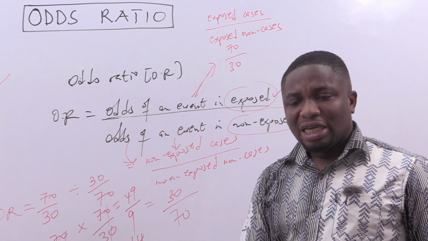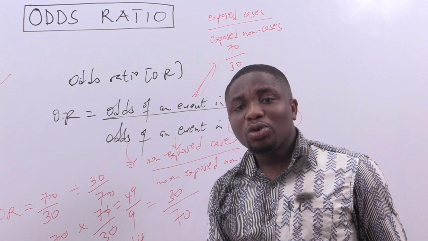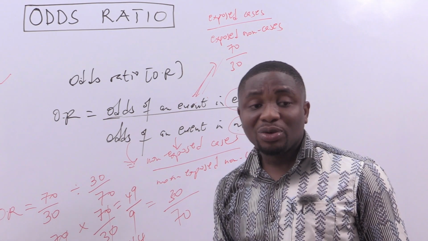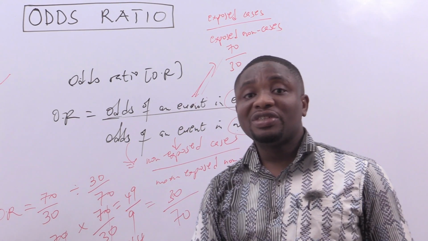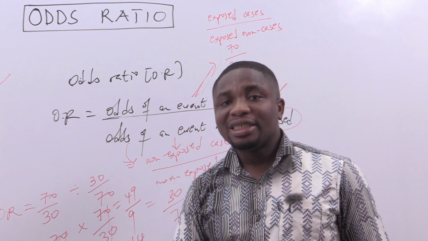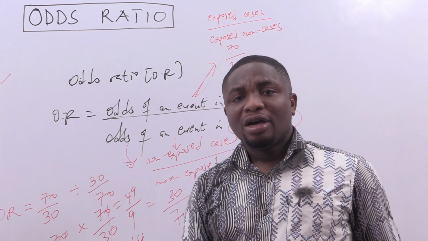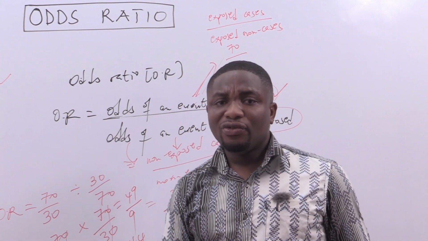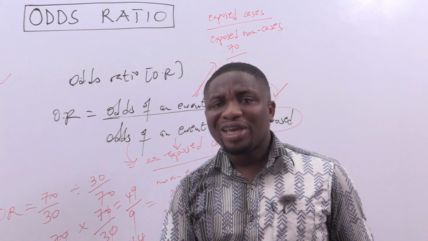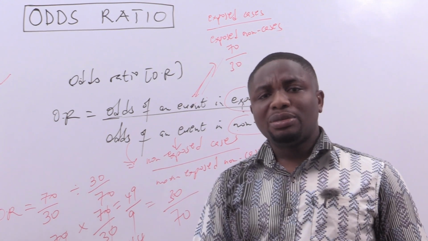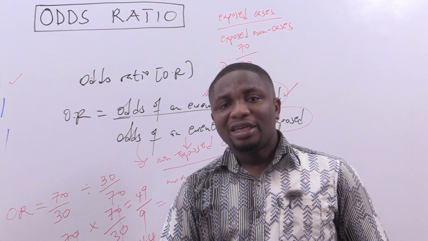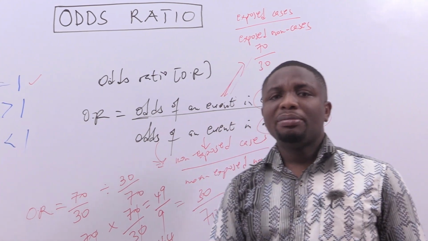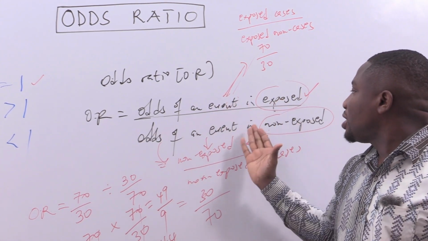It means that if you take people who have not been exposed to a particular risk factor for a particular disease, and people who have been exposed to that same risk factor, the exposure does not have any influence on the outcome, meaning that the odds of occurrence of a disease in both exposed and non-exposed is equal, meaning it's equal to 1. It's the same in both.